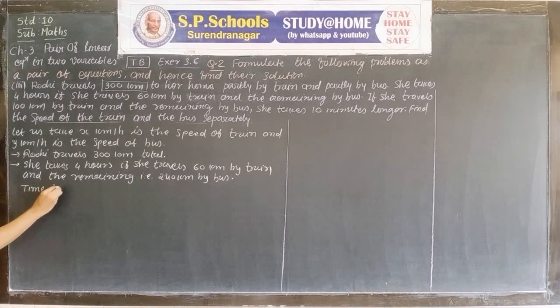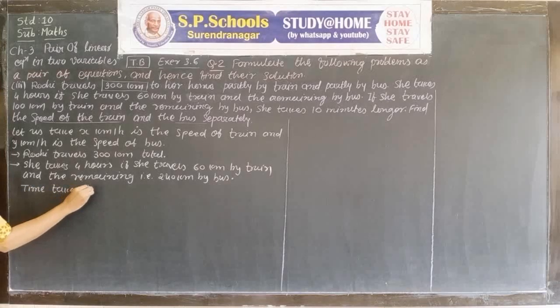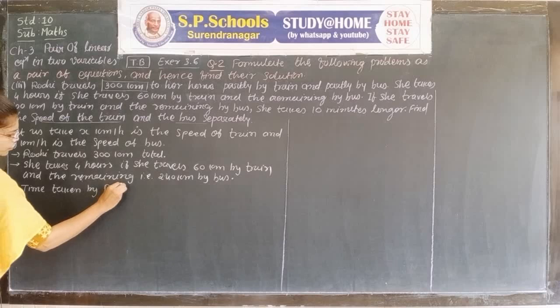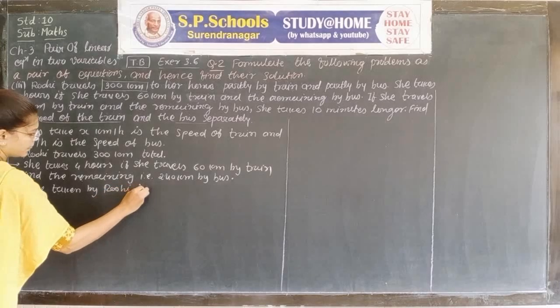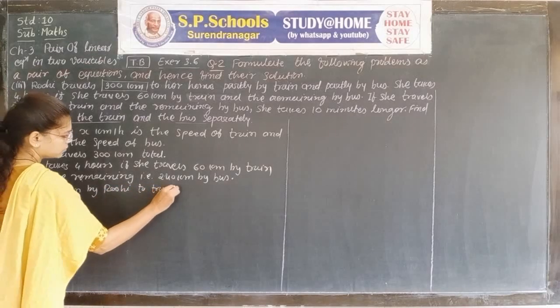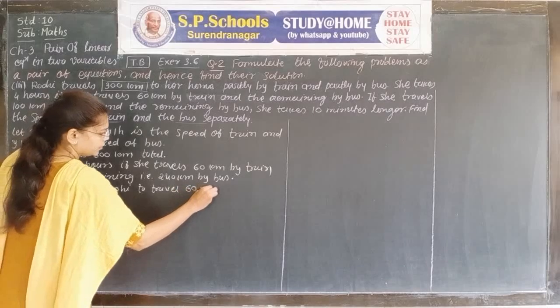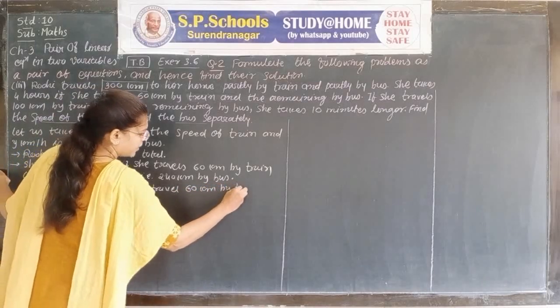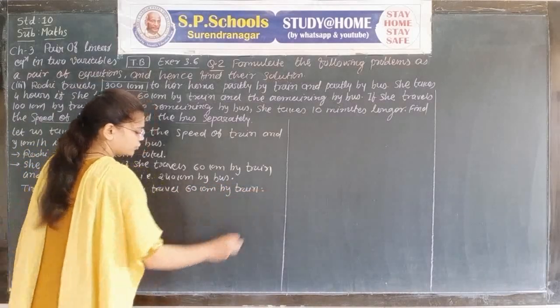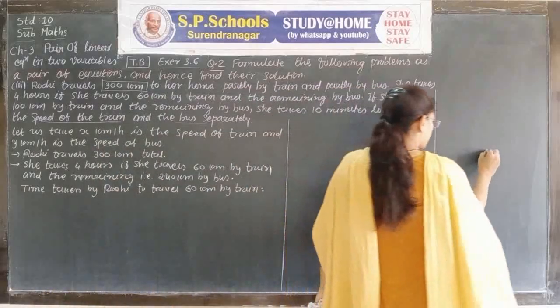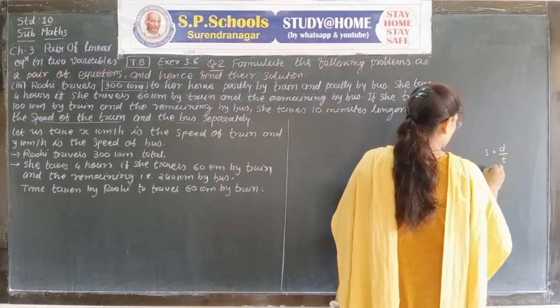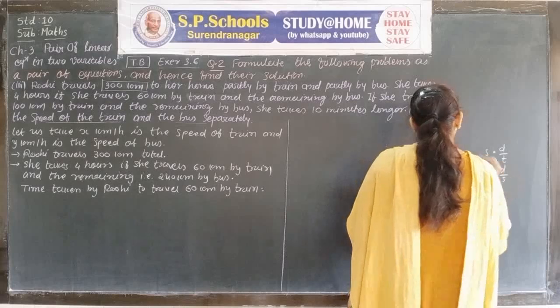Time taken by Ruhi to travel 60 km by train is equal to, as we know, speed is equal to distance upon time, then time is equal to distance upon speed.